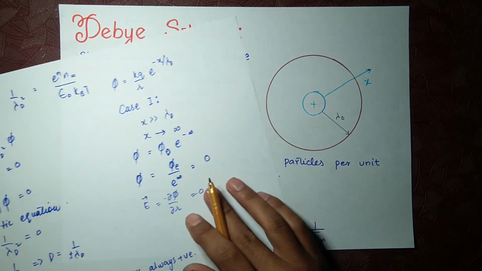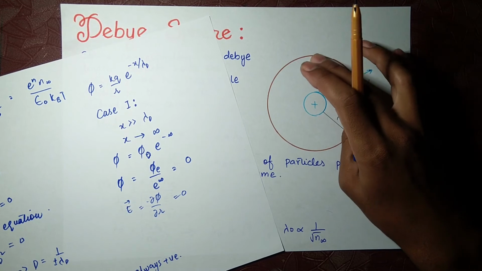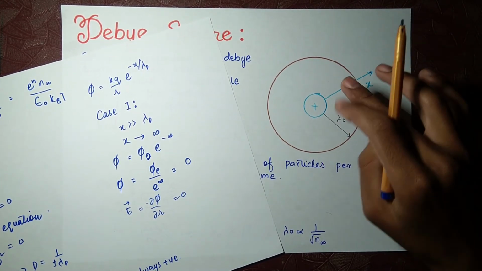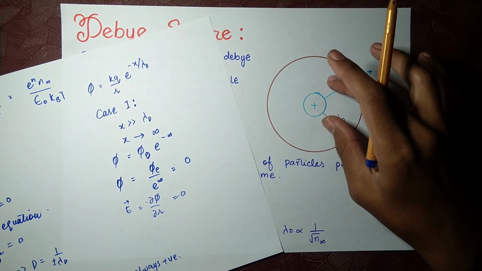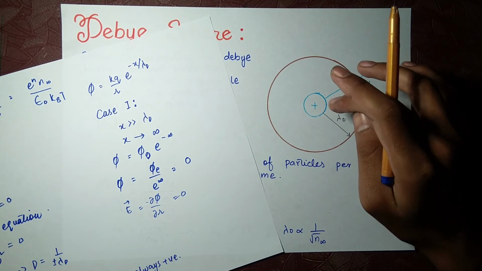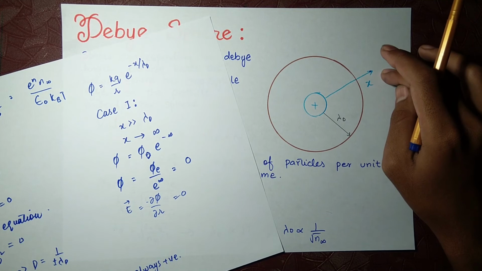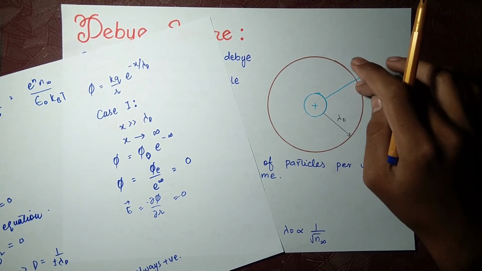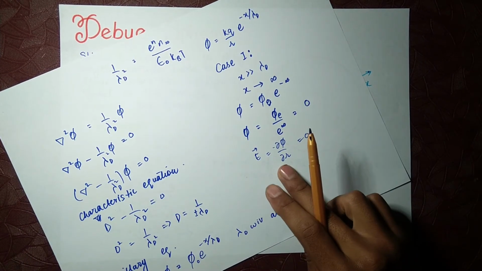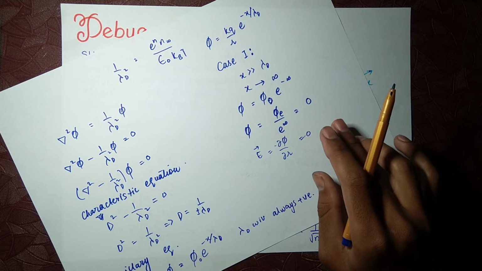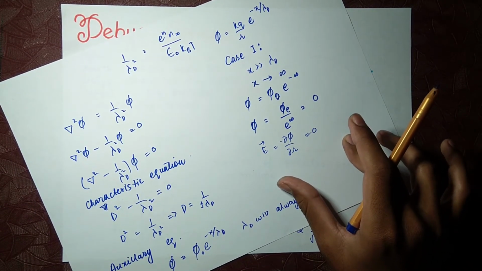We already discussed that these negative charges will surround this positive one, and the electric field coming from this positive charge cannot come out, because it will be shielded out. And if the value of E or phi is 0, we can say that we have perfect Debye shielding.